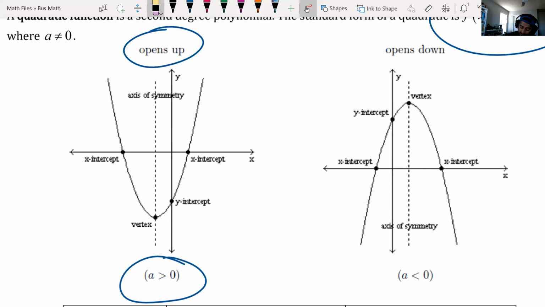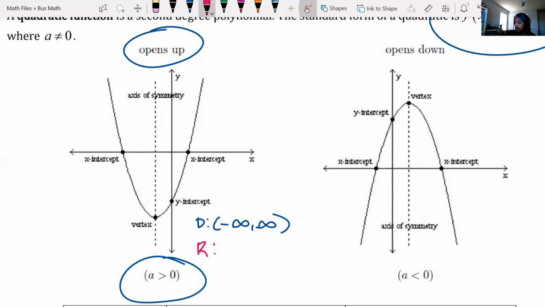And I guess I can get into this too. Why not, since we're here? For a parabola that opens up, your domain will always be all real numbers. This is because a quadratic function is a polynomial, and the domain of all polynomials is always all real numbers. Okay, and then if we're talking about domain, let's talk about the range.